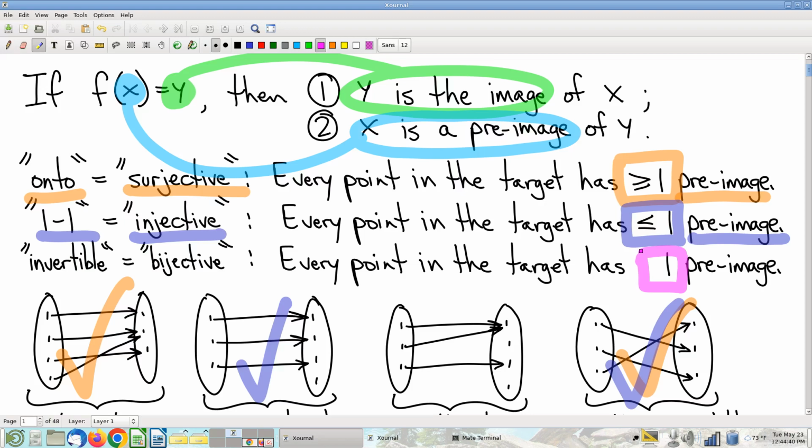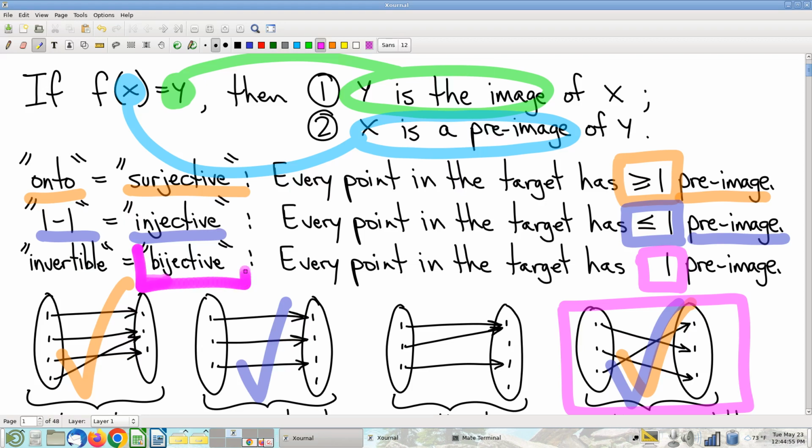And if every point has exactly 1 pre-image, notice this is the only one here. Both injective and surjective. It's got both of the jectives. It's bijective, right? That's the term, bijective. This would be an example of such a function.